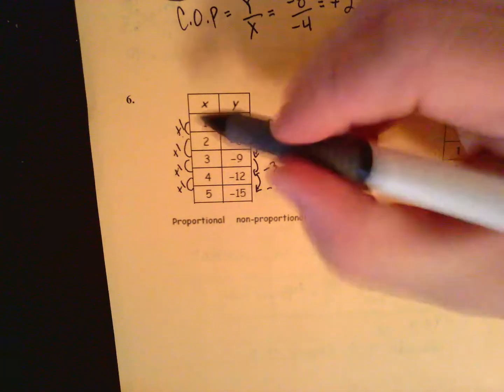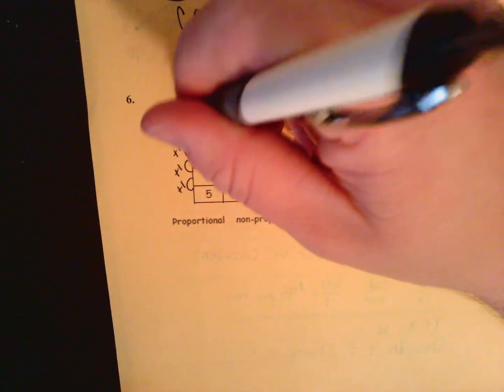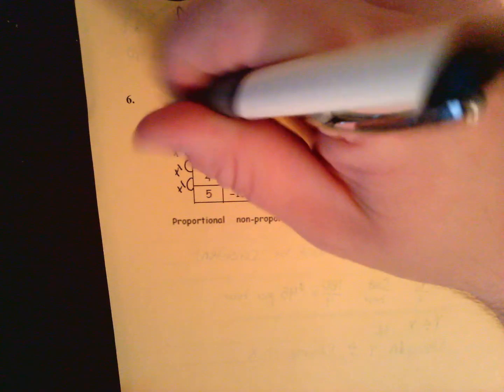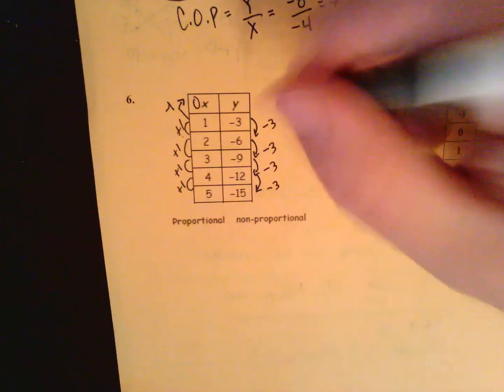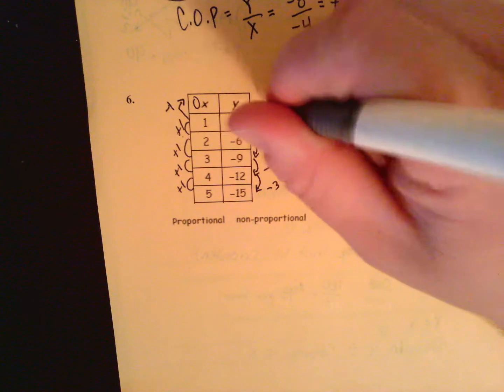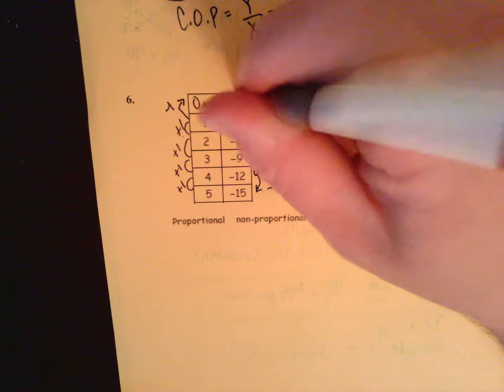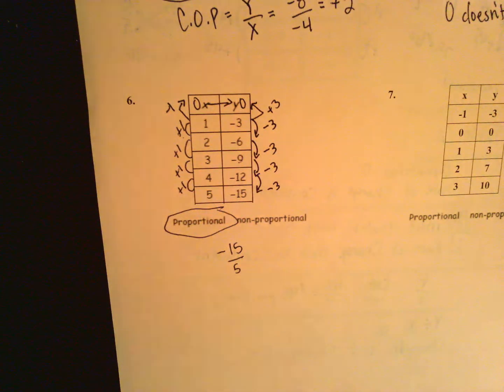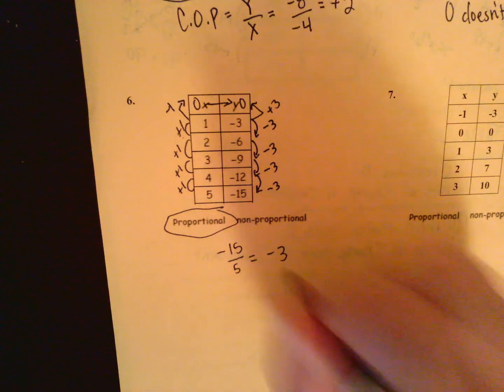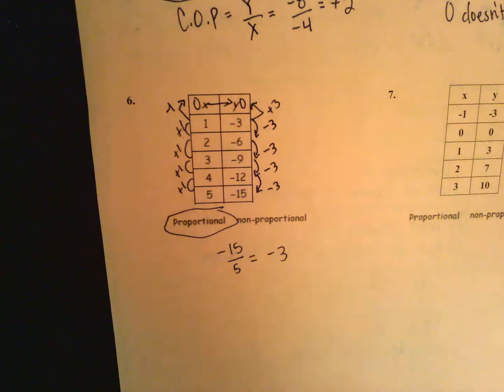To find my 0, I have to go the other direction, which means I have to subtract 1. It gives me 0, which means I have to add 3, which gives me 0. 0 matches with 0, so it's proportional. My COP, I take a -15 divided by 5, because it really doesn't matter which point I use. And that gives me a -3.